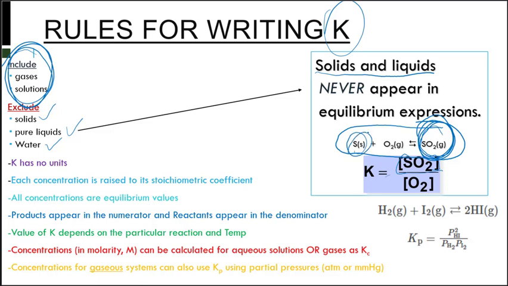Notice this is a solid. We just don't include it. But that is a gas, so we would say the concentration of O2. So my K expression leaves out the solids, the pure liquids, and the water.